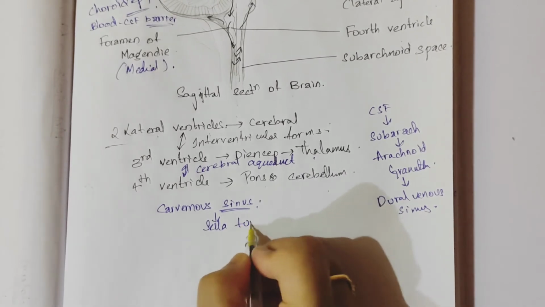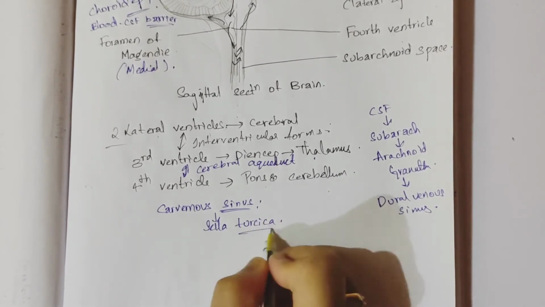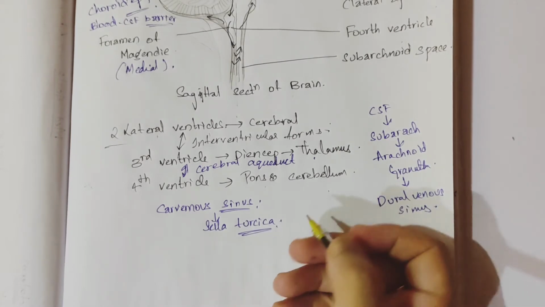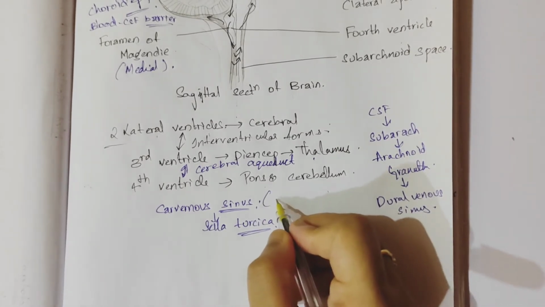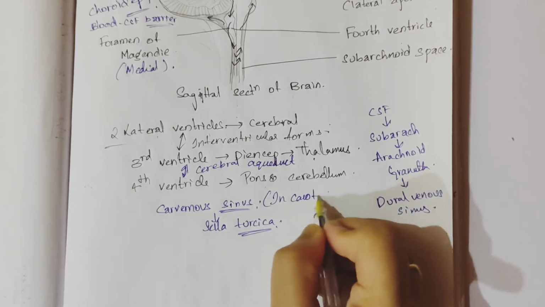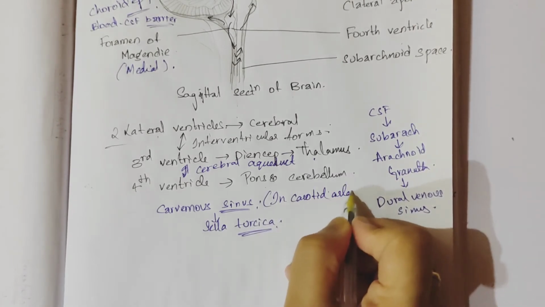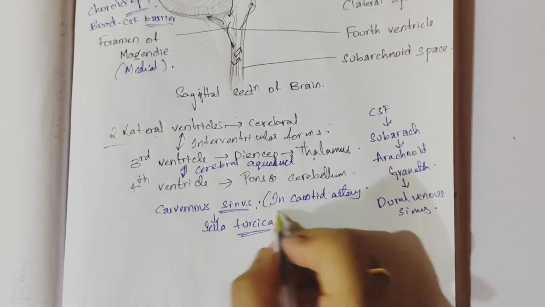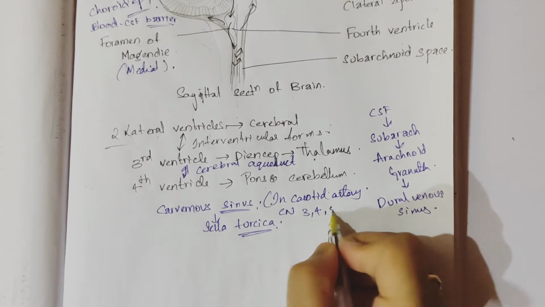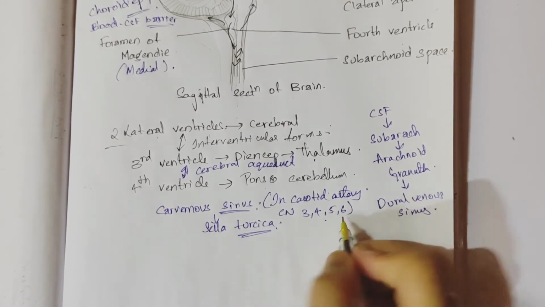This is famous for the pituitary, and it is surrounded by the internal carotid artery and by some cranial nerves like 3, 4, 5, 6.